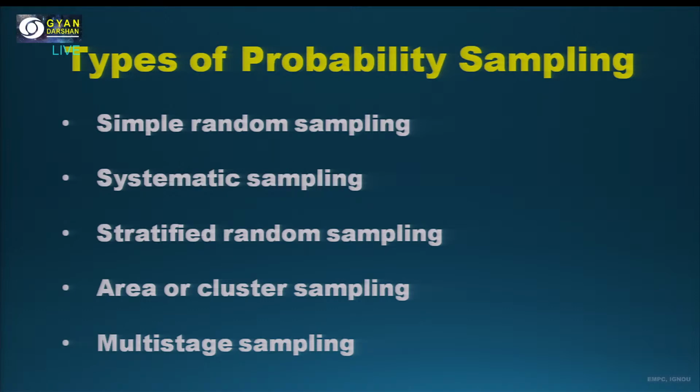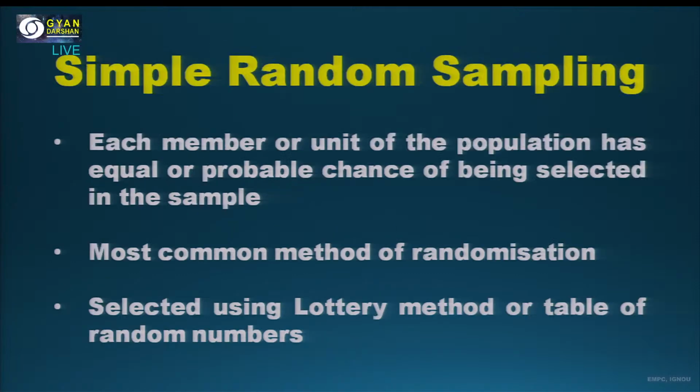Now let us see in detail what all these sampling techniques are. In simple random sampling, each member or unit of the population has an equal or probable chance of being selected, just the way we were explaining the probability sampling method. If there are 100 students, each has an equal chance, and this is one of the most common methods used in research work.